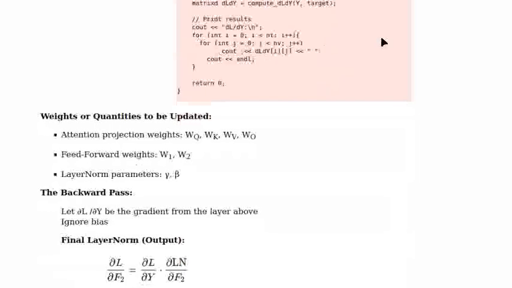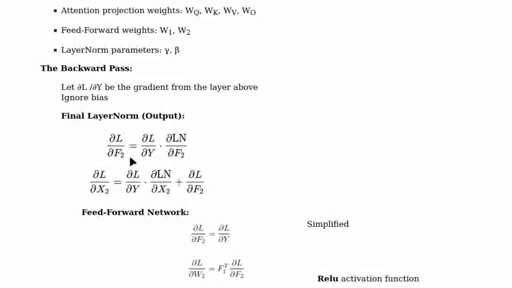and we find the gradient with respect to F2, the feedforward network.